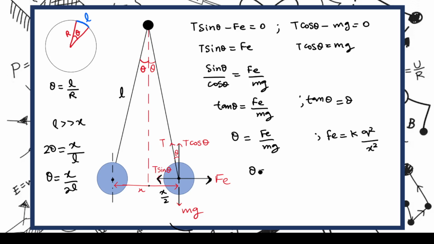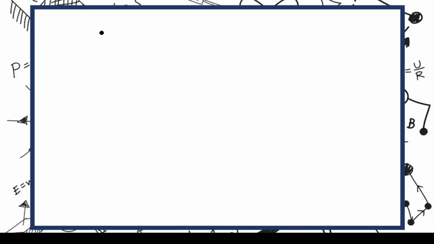So theta can be written as K Q square over x square, and there is the term mg. And we know the value of theta, so x over 2L is equal to KQ square over mg x square. So we got x over 2L equal to KQ square over mg x square.